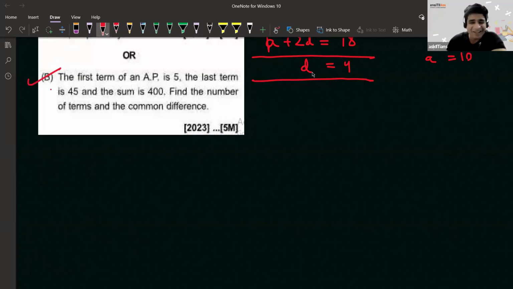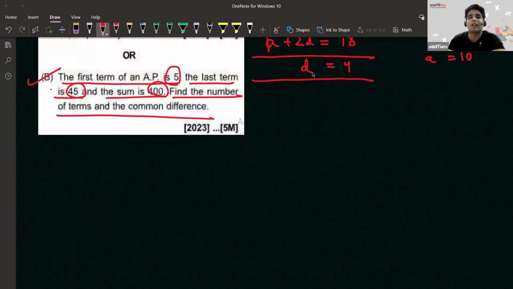So please observe, the first term of an AP is 5 and the last term is 45. The sum is 400. Find the number of terms and the common difference.